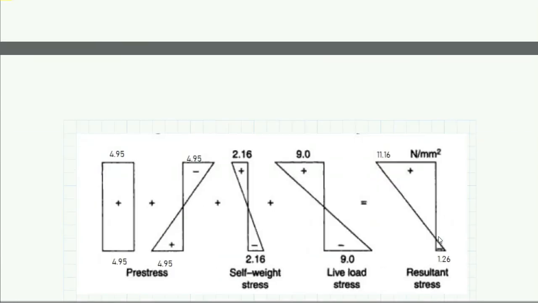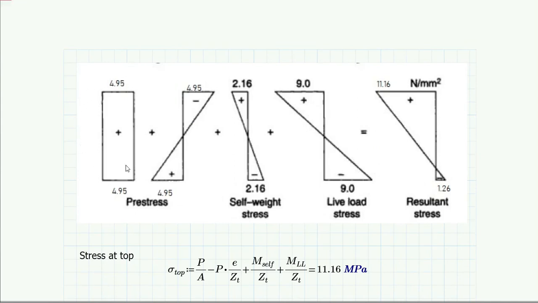Okay, so if we combine it, first these two are for pre-stress, this is for self-weight, this is for live load. At the top you can see for direct stress we have a positive value, but for bending due to pre-stress the value is negative. So if I combine this, 4.95 minus 4.95 plus 2.16 plus 9, it will give you 11.16 newton per mm square. It's a positive value.